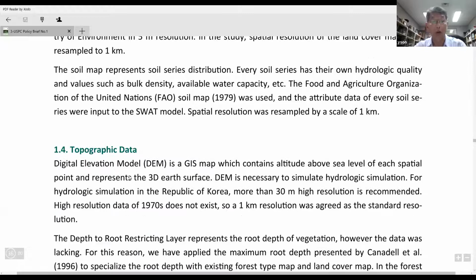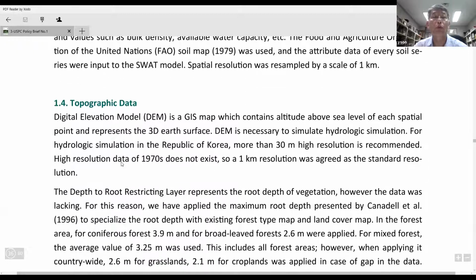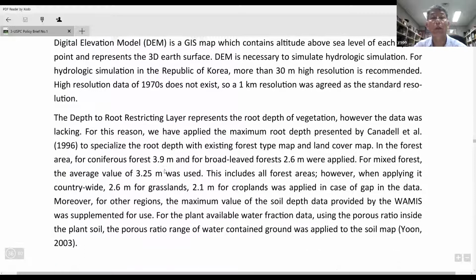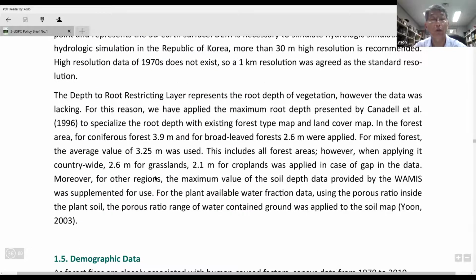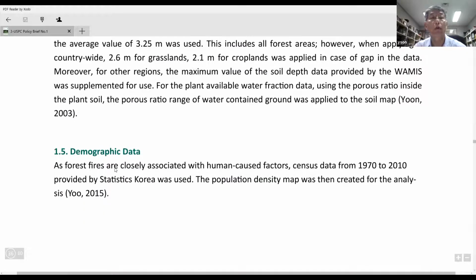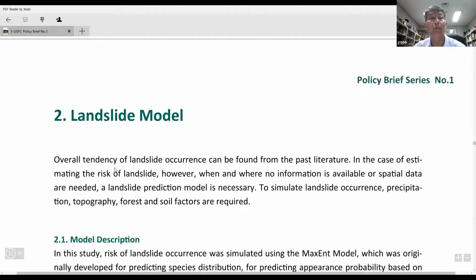And also we use the topographic data and modify them to run the model. Here it shows some resolution and also demographic data.